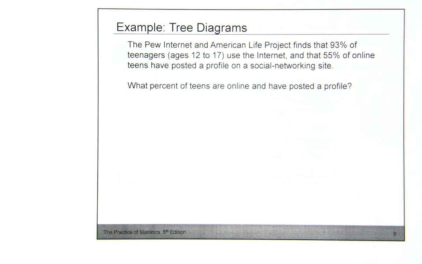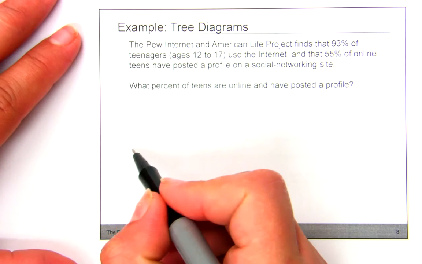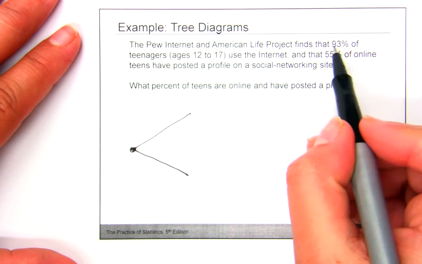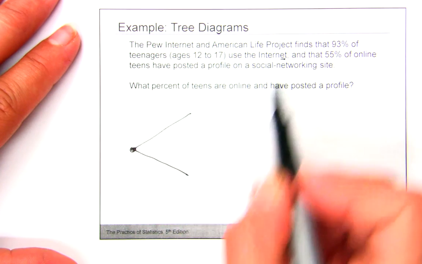Okay. So I'm going to do this in a two-way, and then... do I want to do it in two-way? Not really. Okay, let's just do a tree diagram. All right, so you have two choices, right? 93% of teenagers use the internet.